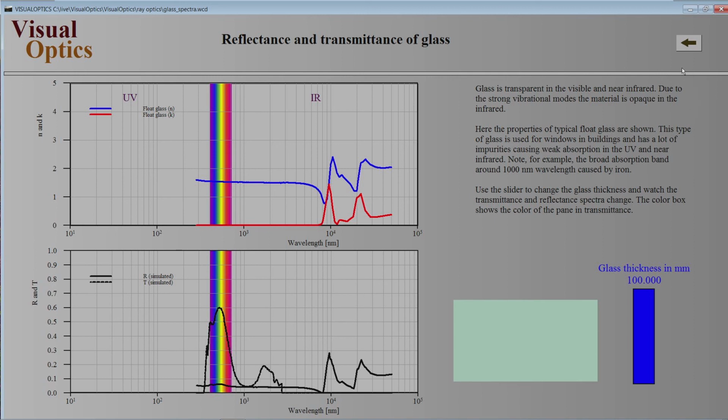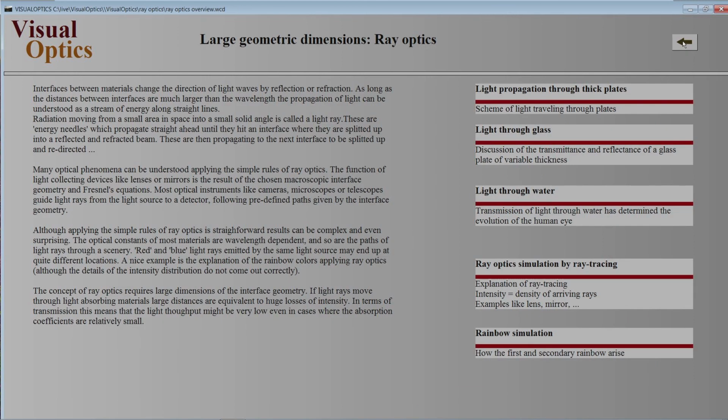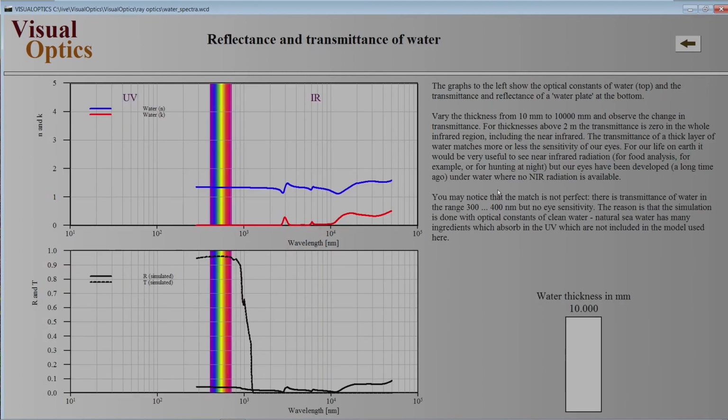Okay, let's take another look at light propagation through a thick piece of material with two interfaces. Let's take a look at light propagation through water. And I do this for a special reason, as you will see in a moment.